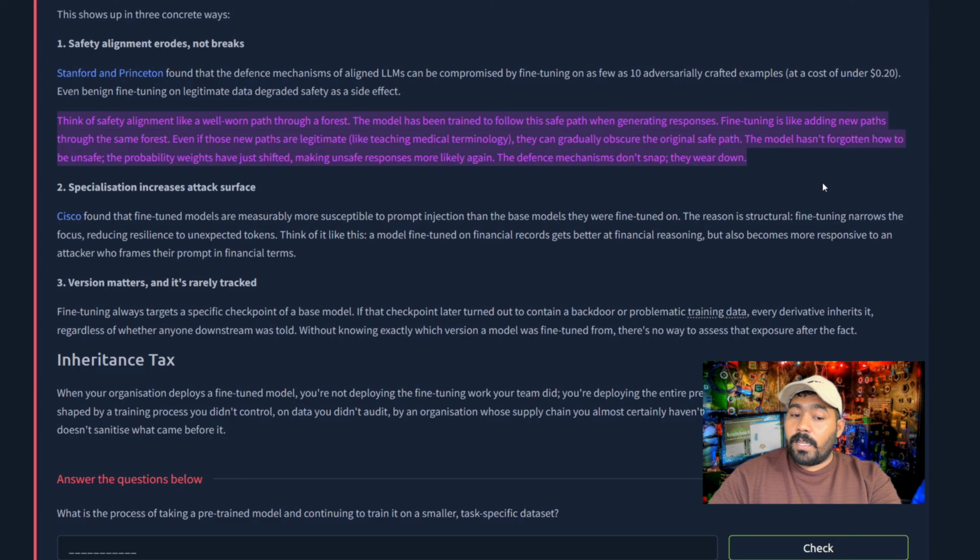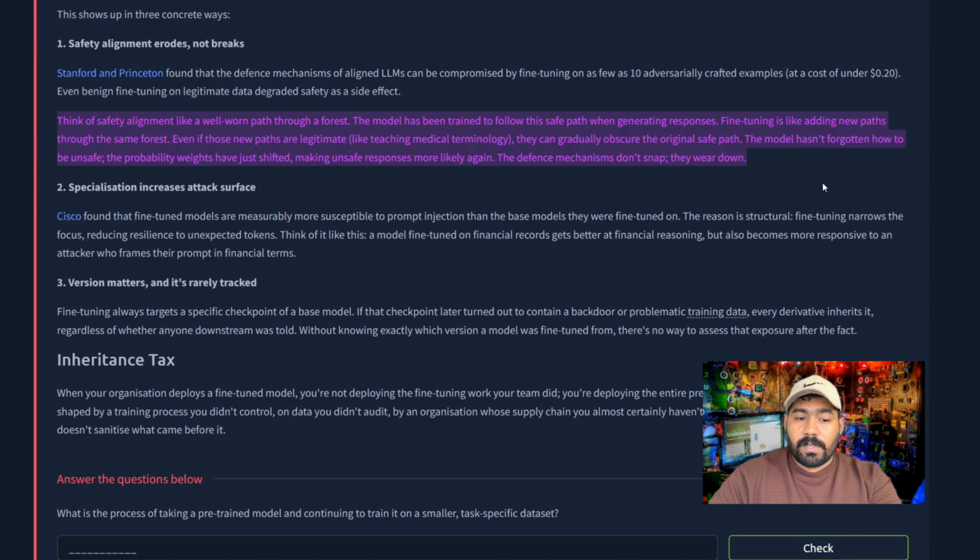Even if those new paths are legitimate, like teaching medical terminology, they can gradually obscure the original safe path. So the model hasn't forgotten how to be safe. The probability weights have just shifted, making unsafe responses likely again. So the defense mechanisms don't snap, they wear down.